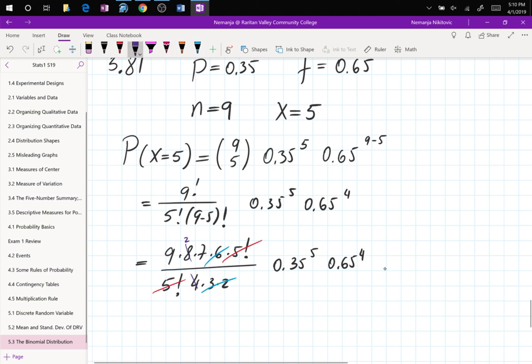That gets me a 2 over there. And I just need to punch all of this in the calculator. I have 18 times 7 times 0.35 raised to the 5 times 0.65 raised to the 4th. So it's about 12% chance.